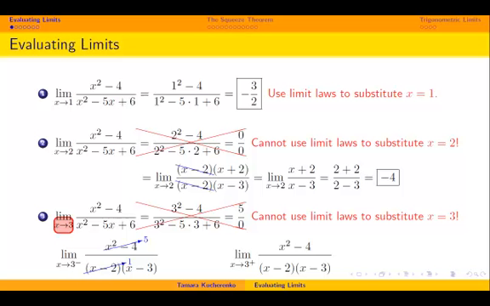Since x tends to 3 from the left, x stays less than 3. So x minus 3 approaches 0 on the negative side. When x is close to 3 on the left, we divide 5 by a small negative number and obtain a large negative number. So the limit here is negative infinity.